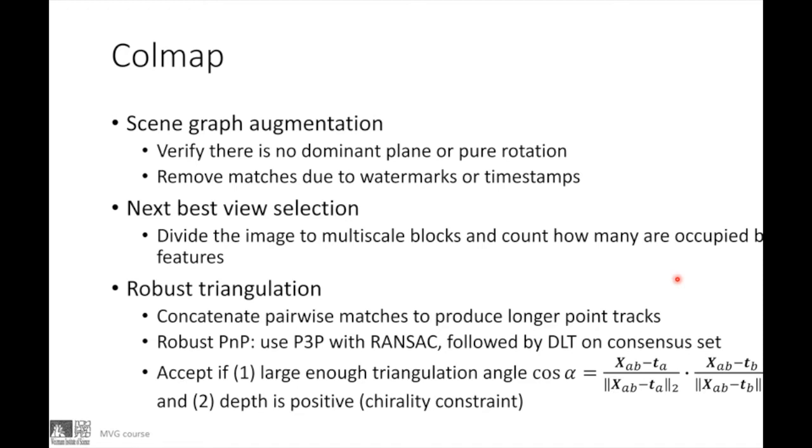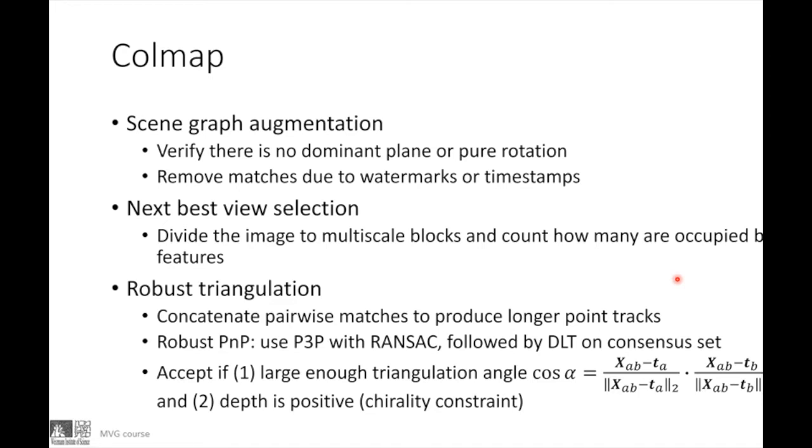And they accept inliers under two conditions. First, if you reconstructed the point, if you did the triangulation, you want the angle between the rays from the point to the two cameras to be significant, to be large.